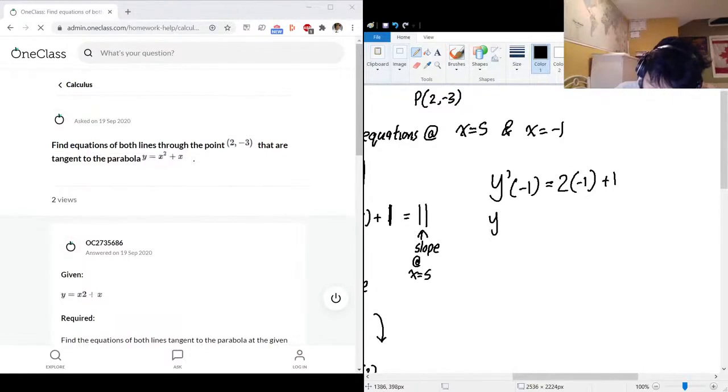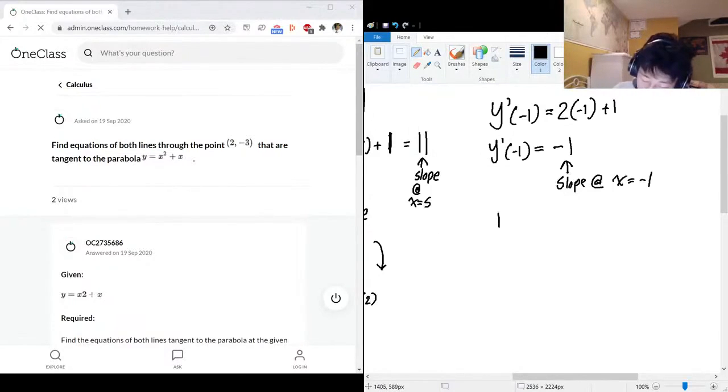So y prime of negative 1 is equal to negative 2 plus 1, negative 1. So that is the slope at x equals negative 1.